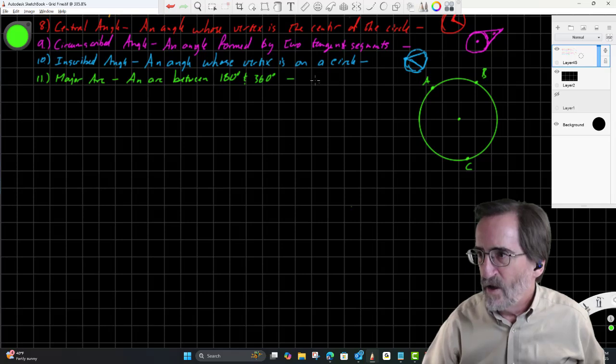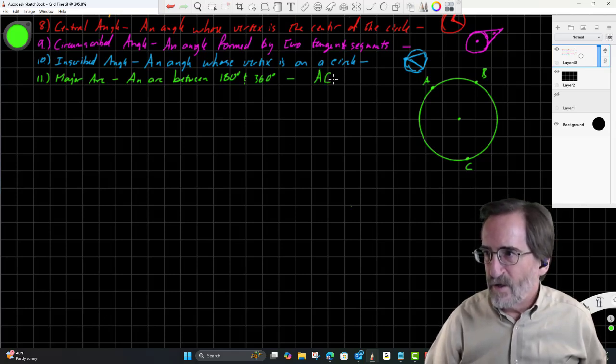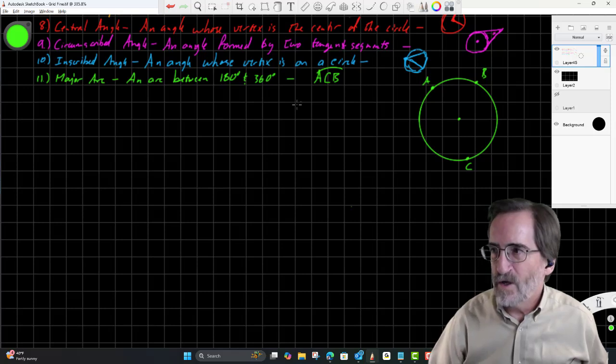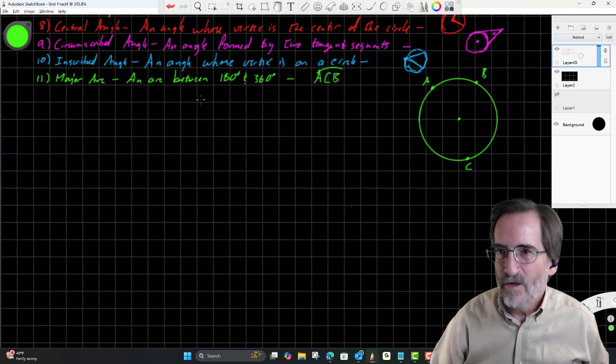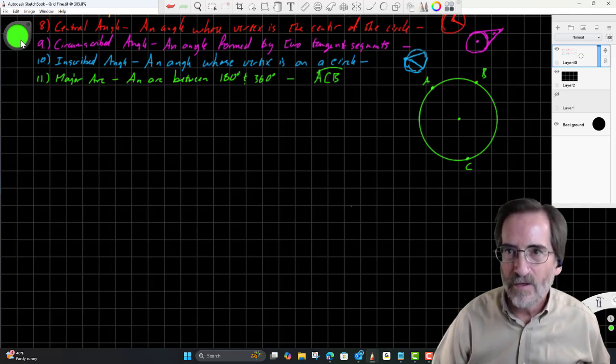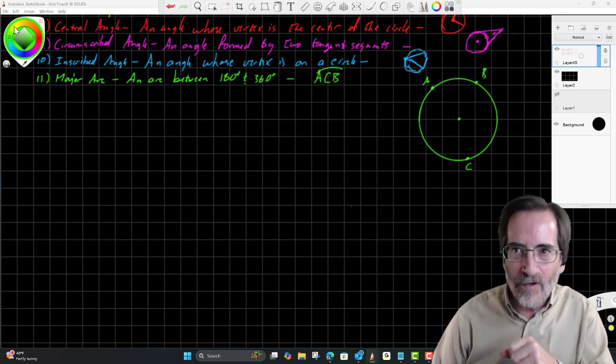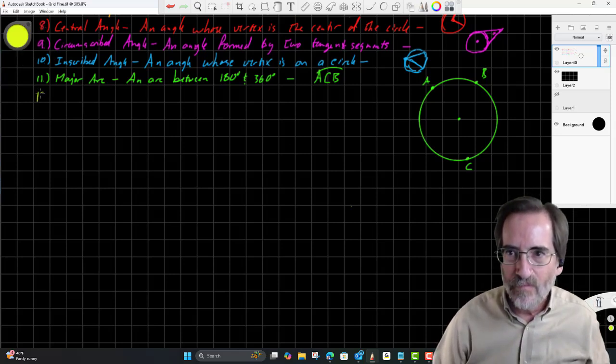Arc AB is a minor arc, arc ACB is a major arc. So let's highlight the major arc in green, ACB, and the minor arc, which is the next word, in a different color here, in yellow.